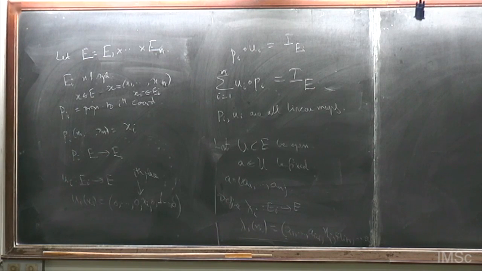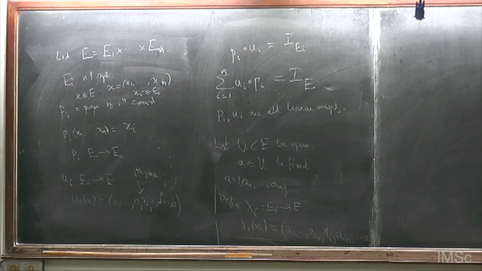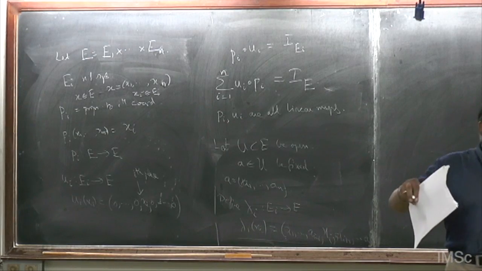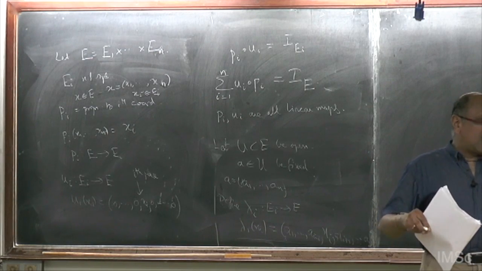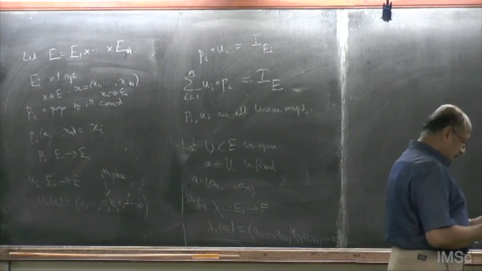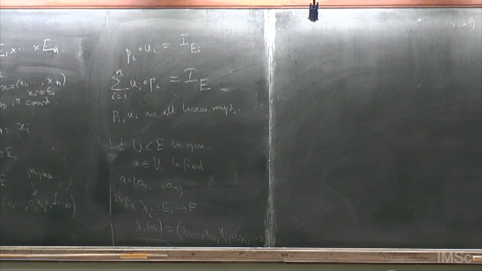But for every point A, I am defining a function lambda i which depends on A. I keep on saying that, namely you simply replace the ith coordinate of A by a variable xi. So, I suppose you know where I am going. We are trying to come to the notion of a partial derivative. What do you do for partial derivative? You freeze all the other components, only one component is allowed to vary. So, I am trying to do that process now. It will be clear in a few minutes what I am doing.